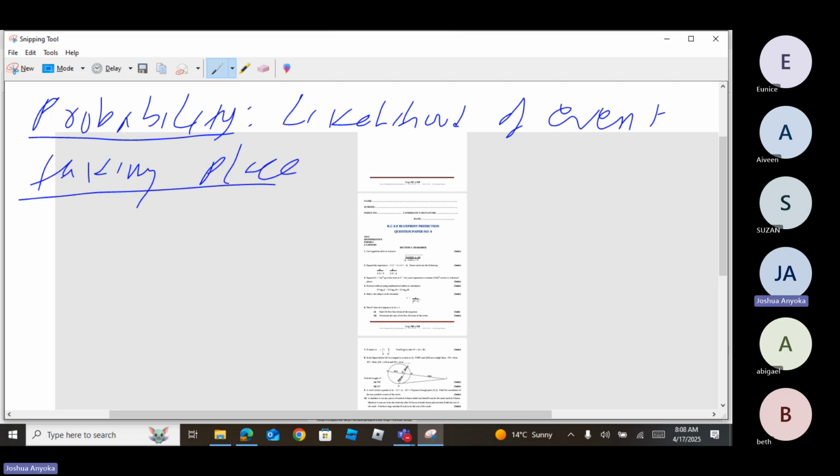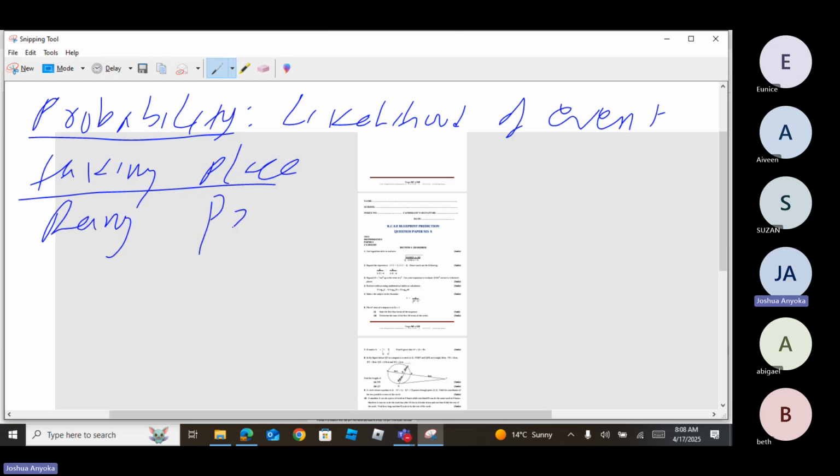So once we know the definition, we are also supposed to know the range of probability.